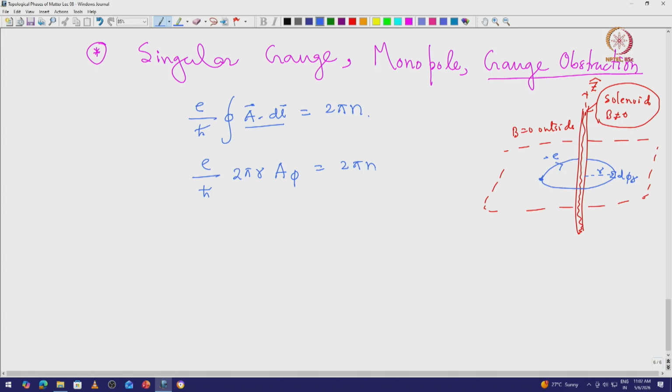So we choose a gauge such that the vector potential is in the phi direction. Okay. So we get A phi equal to n phi 0 by 2 pi r, where phi 0 here is the flux quantum, right?